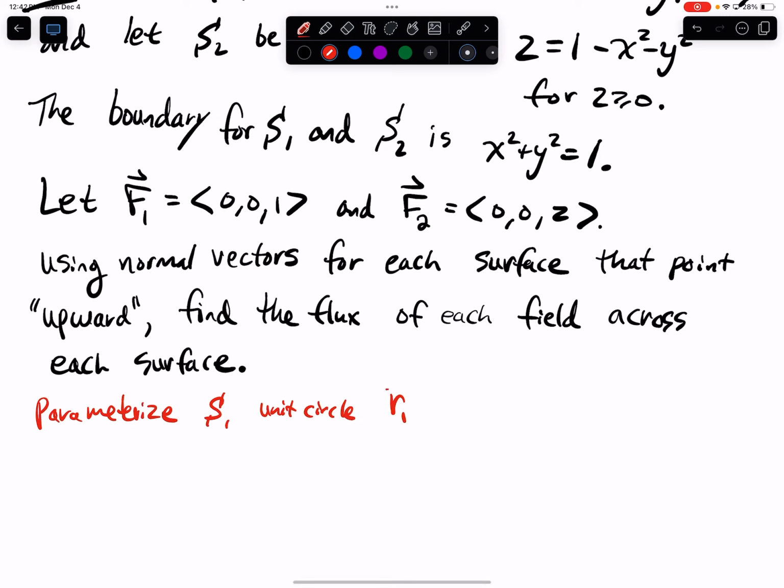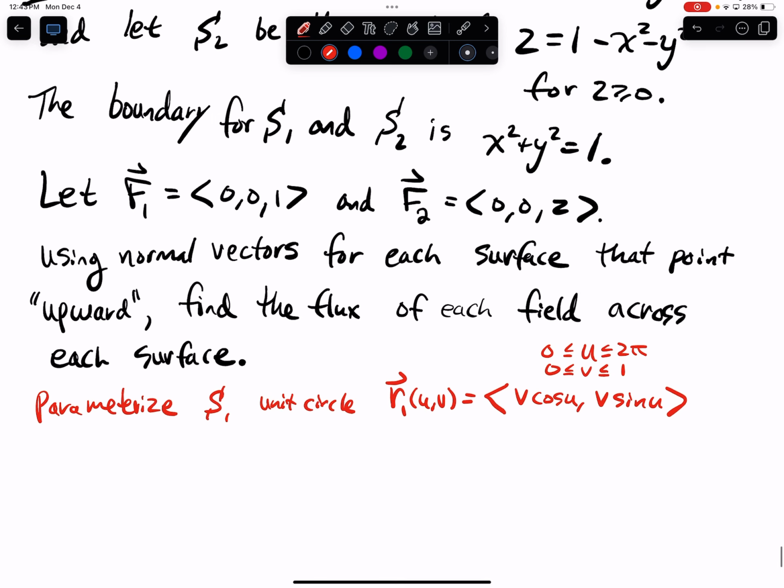Now, how do I parameterize the unit circle? What would I do? V cosine U, comma, V sine U. That's perfect. That's exactly how you do it. And so U would be from what to what? 0 to 2 pi. And V would be from what to what? 0 to 1. Good.